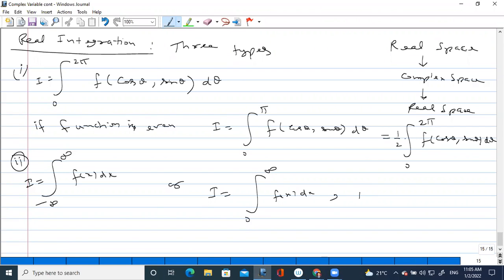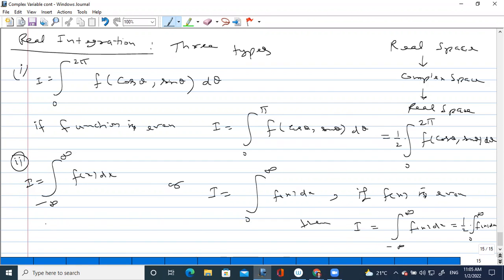Here also, if f(x) is even, then it can be converted to the integral from minus infinity to infinity of f(x) dx, that will be 1 by 2 of the 0 to infinity integral of f(x) dx. Okay, so like this we can always have the conversion, there is no issue.